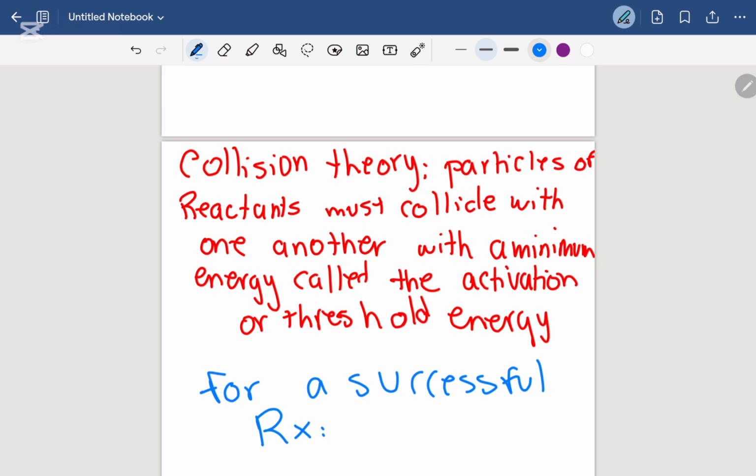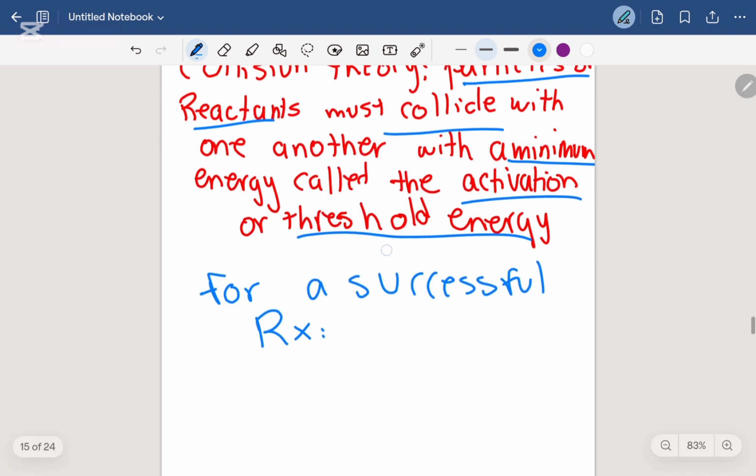The particles of the reactants. So again, for a successful reaction to happen, the particles of the reactants, that means they should react. If they are gonna react, they must collide, they must hit each other with a minimum energy called the activation or threshold energy.